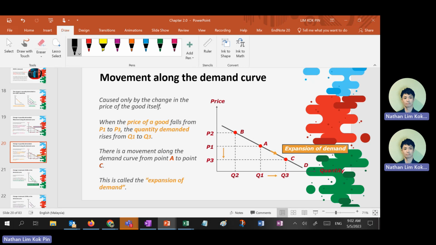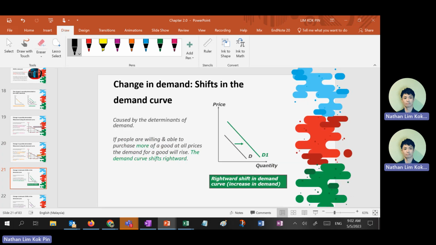No? Cool. For the shifts, we have two words to represent the shift. Increase is shift right or shift out. If demand increases, there are two curves. That's why I use demand now, not quantity demanded. When there are two curves, it means shift.